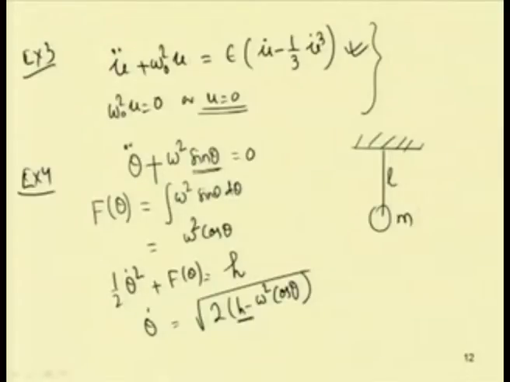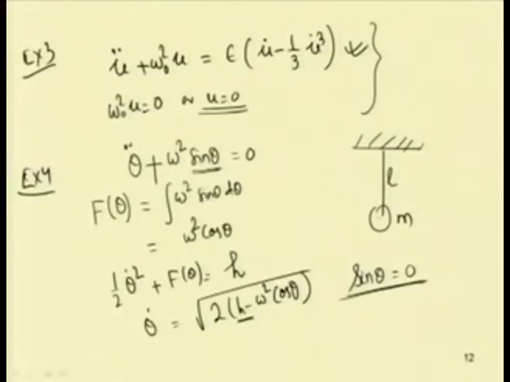By putting theta double dot equal to 0, the equilibrium positions correspond to sin theta equal to 0, that is at theta equal to 0 and 180 degrees. So one can have two equilibrium positions, one corresponding to theta equal to 0 and the other to theta equal to pi.